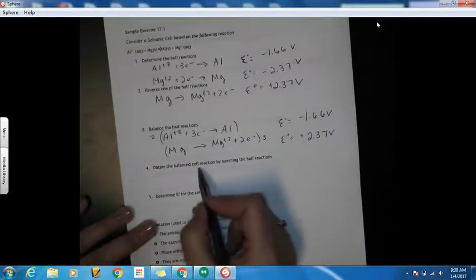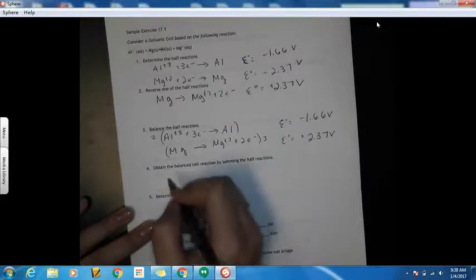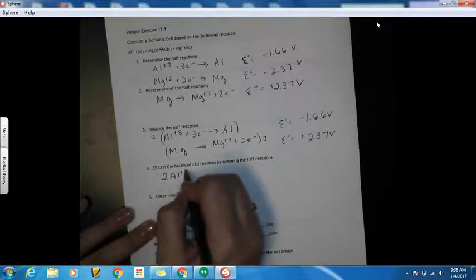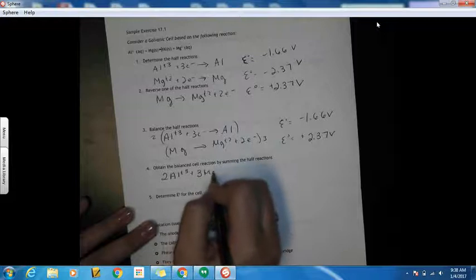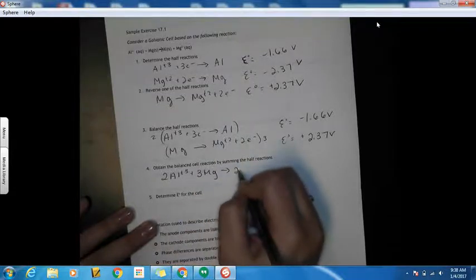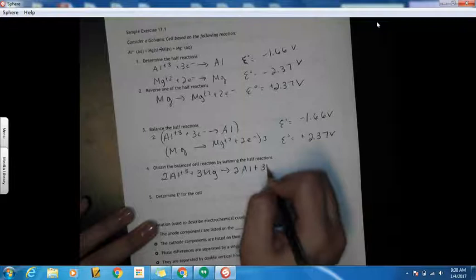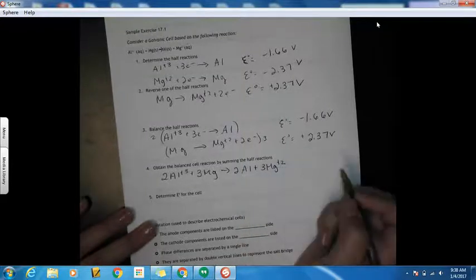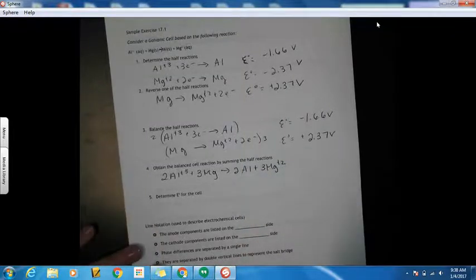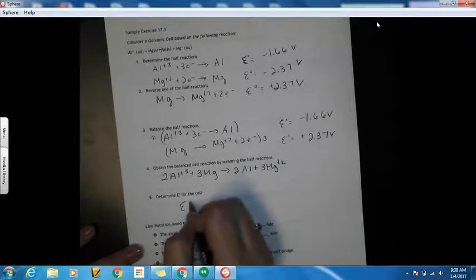Alright, so we get the overall balanced reaction by adding those two together. So we get 2 aluminum plus 3 magnesium, going to 2 aluminum and 3 magnesium plus 2, because our electrons will cancel out. And then we determine E cell by adding those two together.